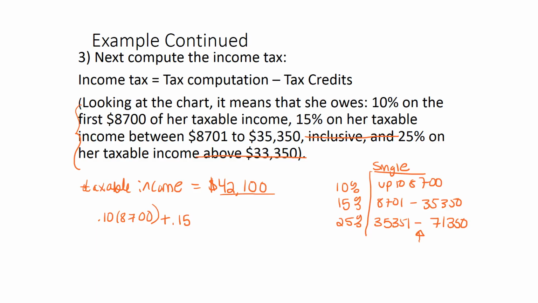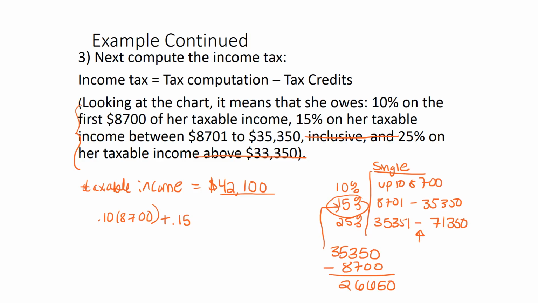Get out the calculator. 35,350 minus 8,700 is 26,650. Okay, so the second amount is only for income between 8,701 and 35,350, and 26,650 is how much is in this range.